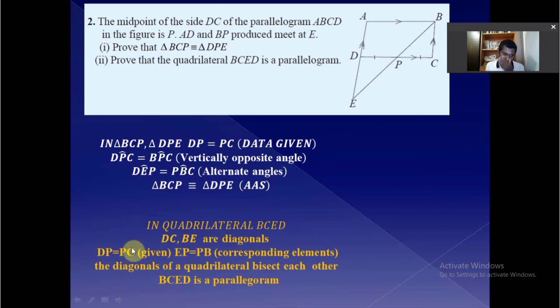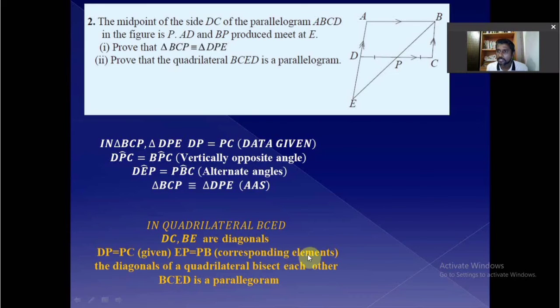This is the method to write. First, in the quadrilateral BCED, name the diagonals DC and EB. After that, DP equals BC, the data given, and EP equals PB, corresponding elements of the congruent triangles.